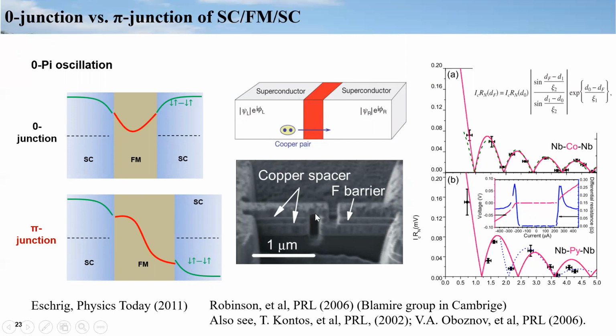This tiny device, superconductor, ferromagnet barrier, and superconductor. By measuring the Josephson coupling here, they can observe this oscillation effect of this supercurrent. This indicates that the supercurrent is resulting from the 0-pi oscillations.